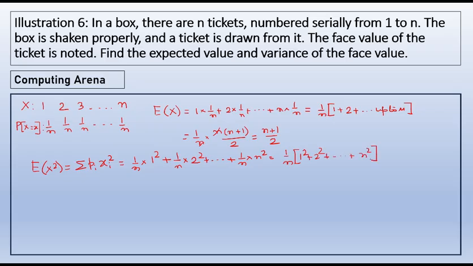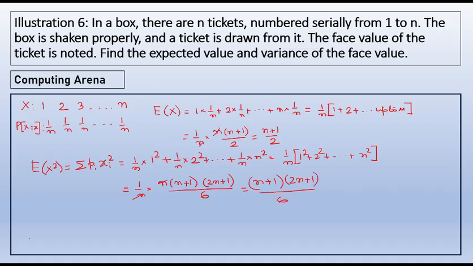That is the sum of the squares of the first n natural numbers, and there is a formula for that which we have to remember: n into n plus 1 into 2n plus 1 by 6. So this n and n get cancelled, and we have n plus 1 into 2n plus 1, the whole thing divided by 6.